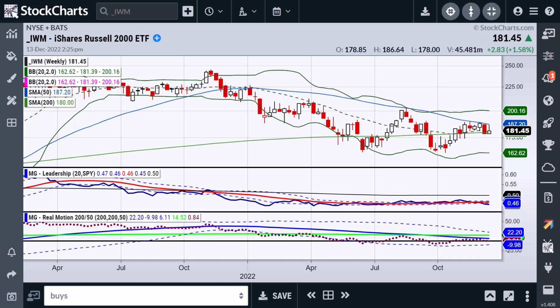So now we're looking at IWM on the StockCharts platform. You can see I've added the leadership and the real motion indicators, two of the plugins that we have on StockCharts that have been extremely helpful this year in keeping us out of danger, number one, and helping us make money, number two.